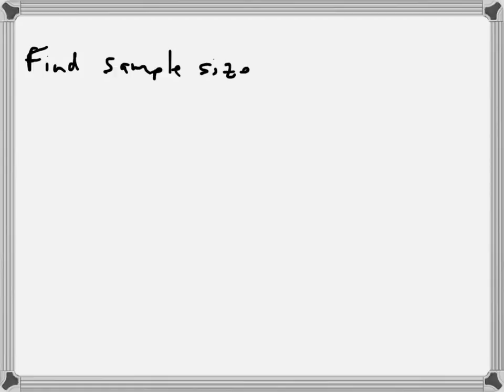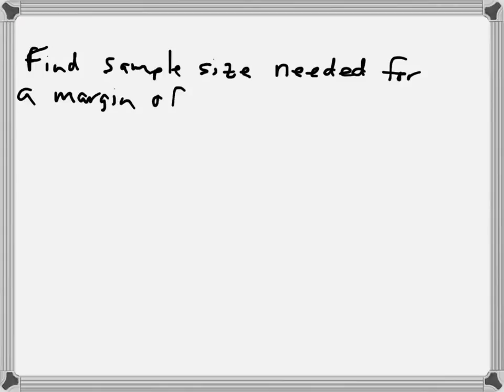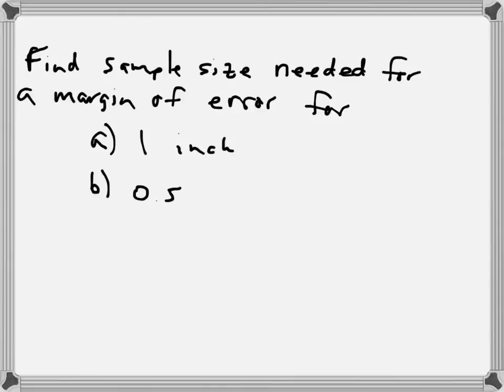So let's find the sample size. Again, this is just going back to the JSerra example. Find the sample size needed for a margin of error. So the idea is to achieve a margin of error for both of them, for 1 inch, and also part B for a 1/2 inch.